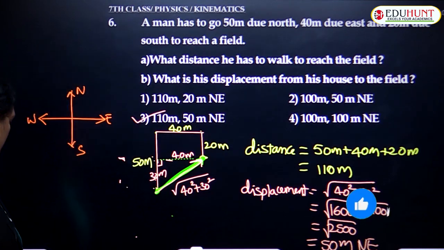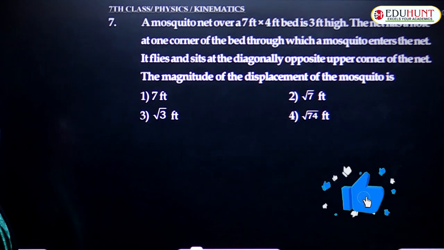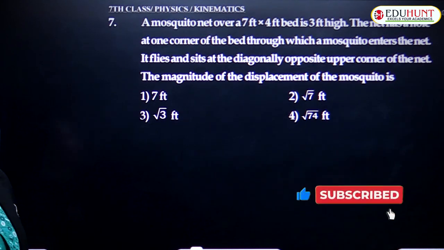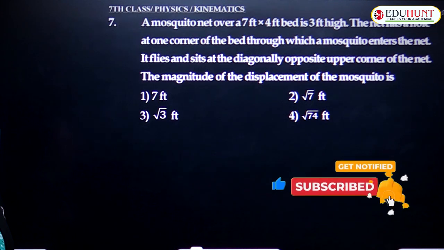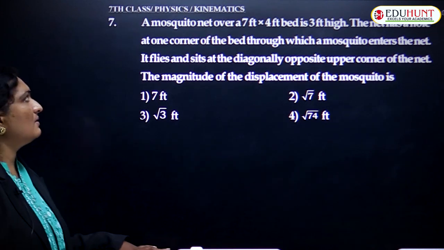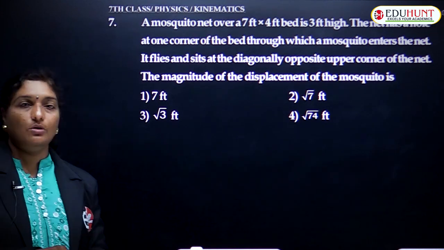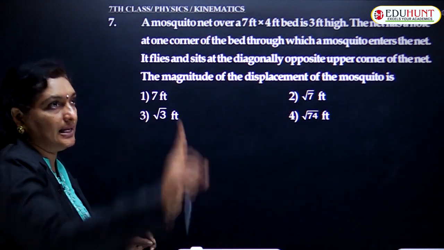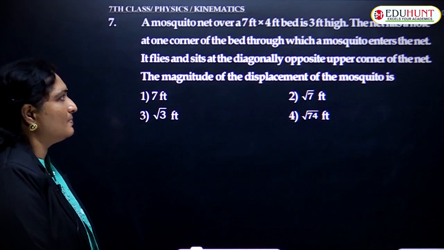Moving ahead, a mosquito net over a 7 feet cross 4 feet bed is 3 feet high. The bed size with a mosquito net size, you know, the mosquito net size was given. It has its length, the breadth and height of the mosquito net has been given.